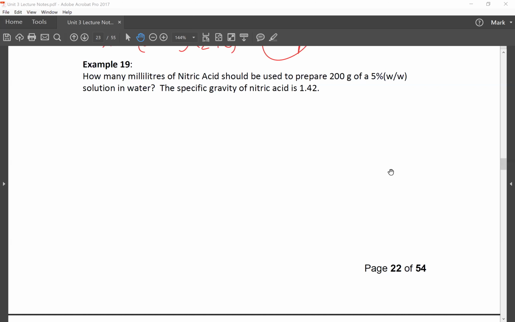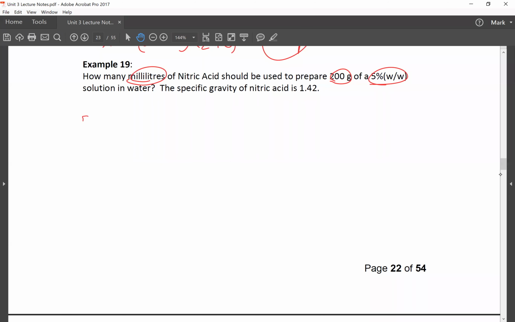The first thing I'm going to do is figure out how many grams of nitric acid I need. Sorry, I'm just looking at my formulas here in my formula sheet. Now, I know it's asking for milliliters, but I'm getting a weight calculation here.